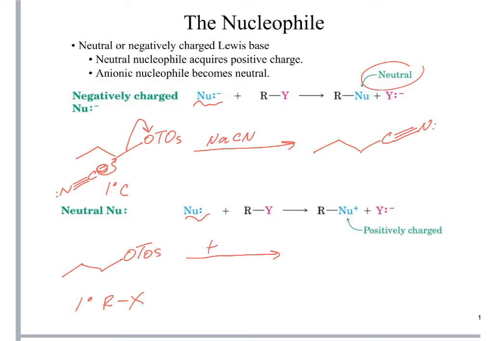So if we have H2O as a nucleophile, and again, the nucleophile will approach from the backside, tosylate will be expelled, then our initial adduct will need to be deprotonated.